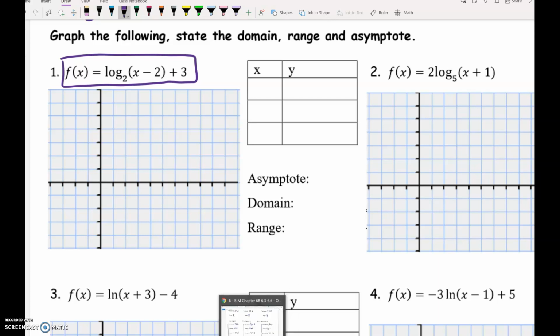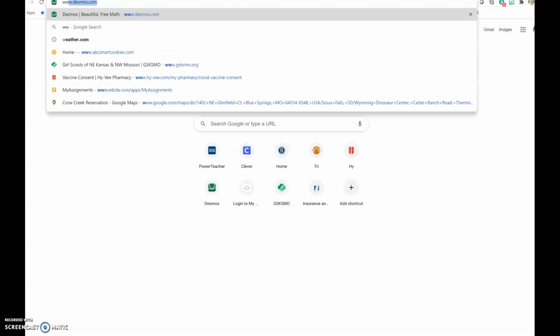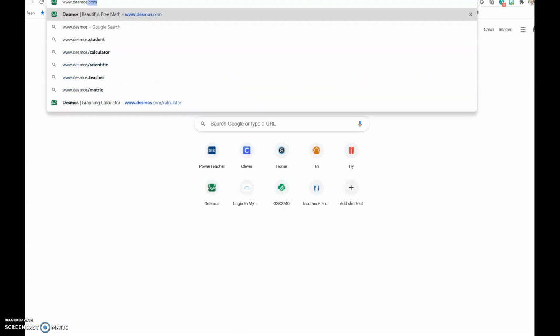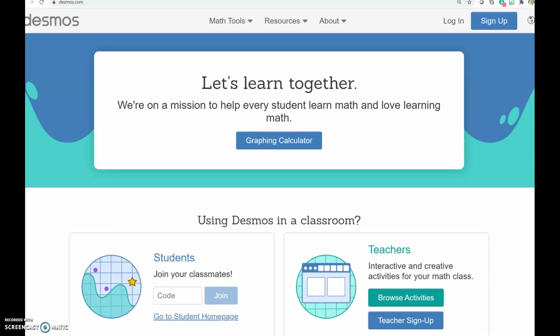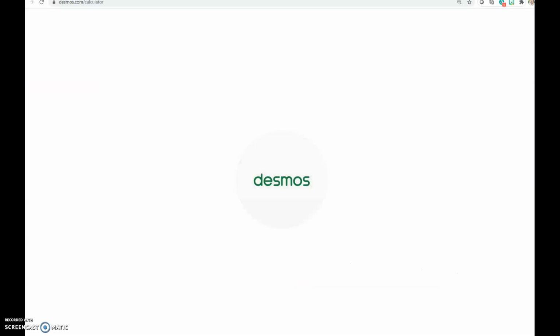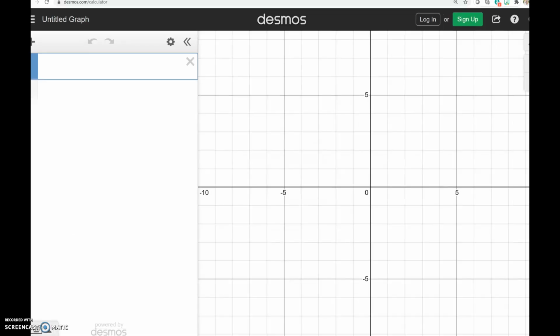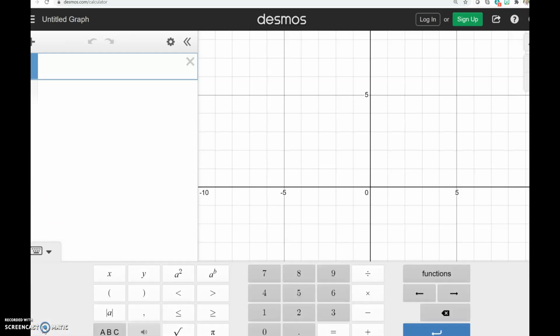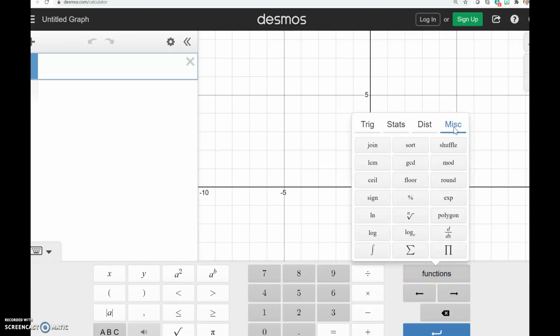So pull up a browser. And I'm going to type in www.desmos.com, Desmos.com. We click on Graphing Calculator. Now, you can get to the log features by clicking on this little keyboard at the lower left, and then going to Functions, and then going to MISC.